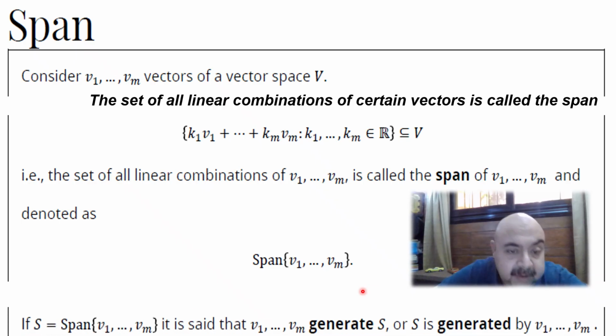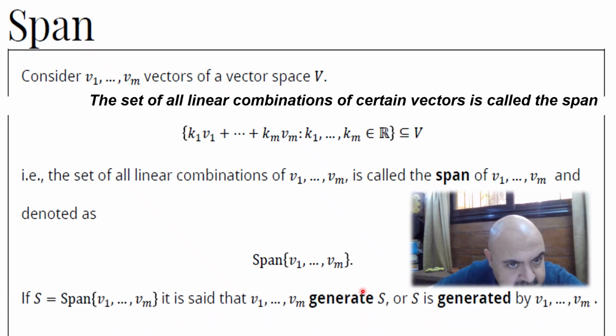It contains plenty of definitions. Number one, we know that we can form a certain space by using linear combination. This set of vectors is called the span. So S is spanned by V1 up to Vm. It means we can get all the vectors in this set, which is S, by a linear combination of these vectors.